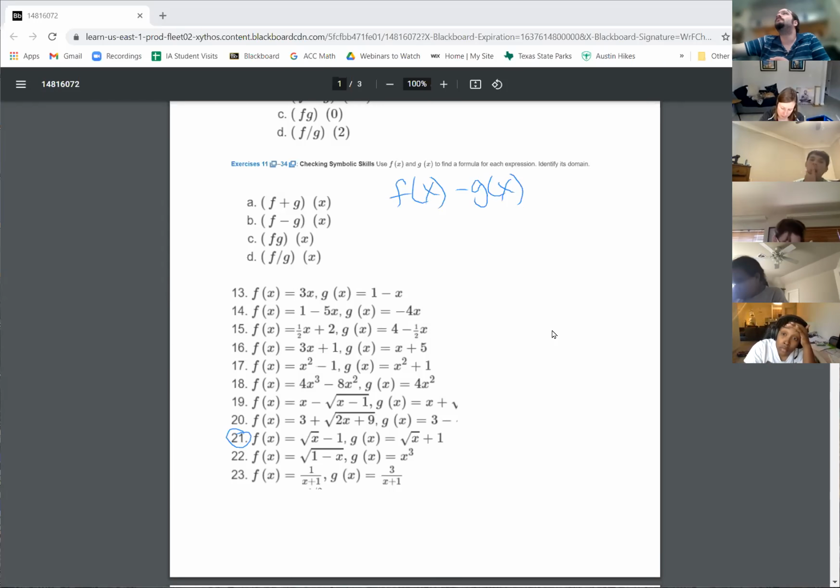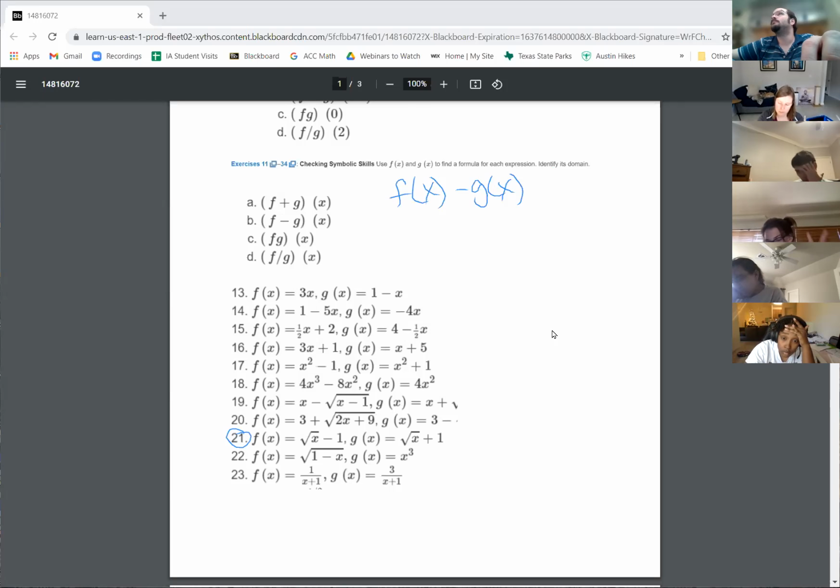Okay, so I'm doing B. First we set it up the same way we did the other one, right? Except there'll be a minus. So it's 21. We'd set it up.